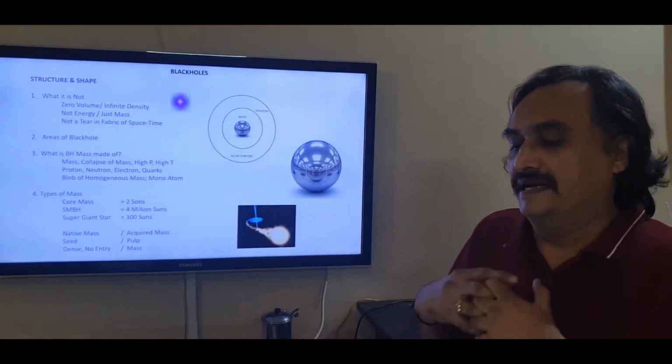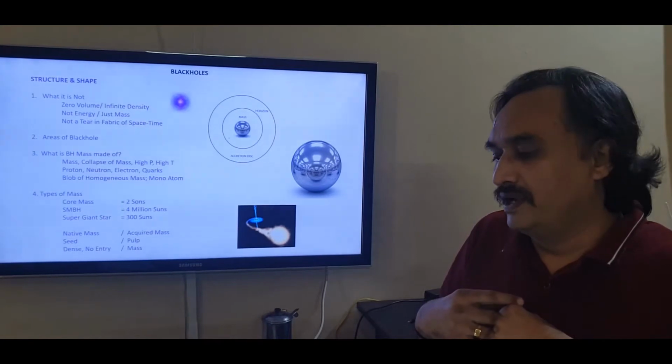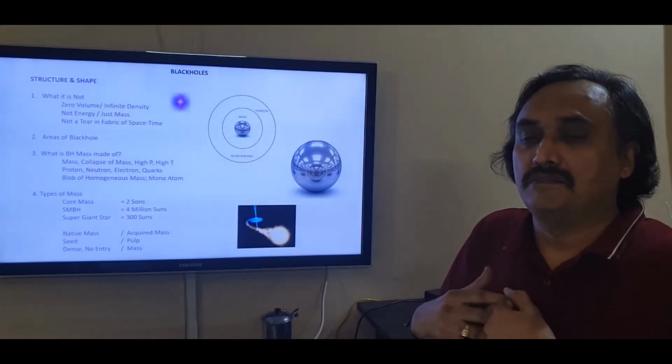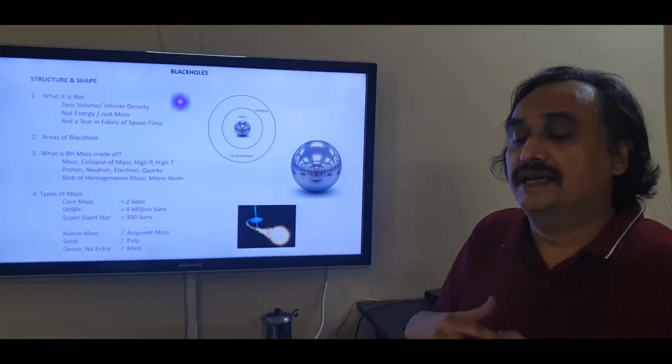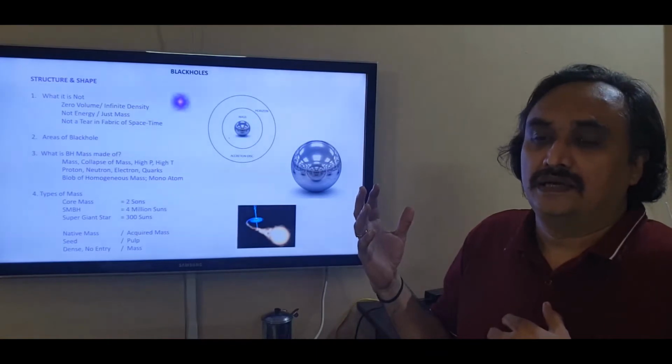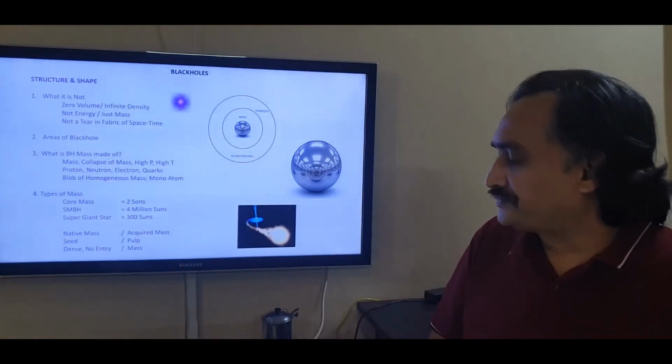So what exactly is this mass made up of? First, we will consider the native mass, the mass that is related to the parent star that collapsed into a black hole.